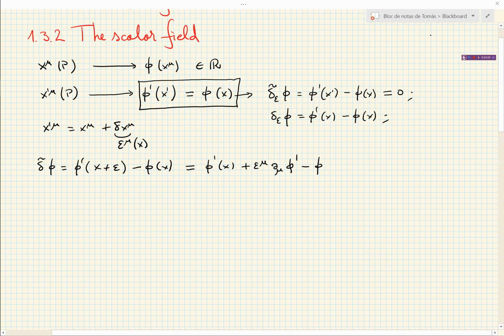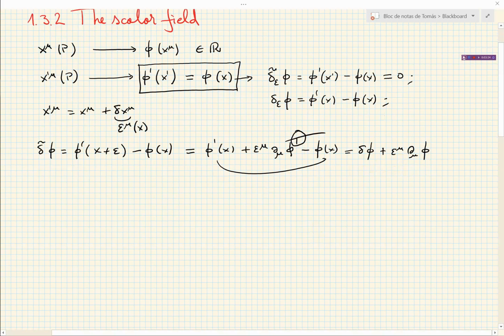Now the relation between φ' and φ is of first order in ε, and then this term would be of second order in ε, so we can just eliminate this prime and it would be the same, and φ'(x) minus φ(x) is δφ plus ε^μ ∂_μ φ. This is the general relation between δ tilde and δ.